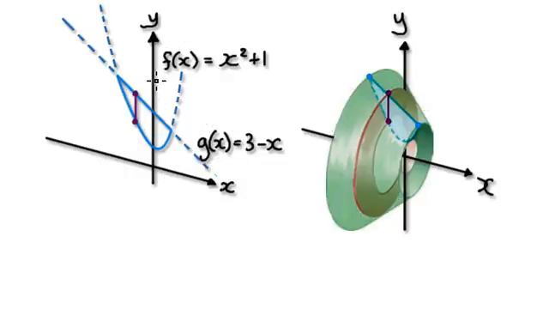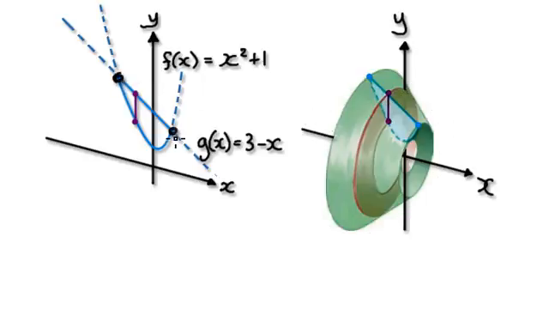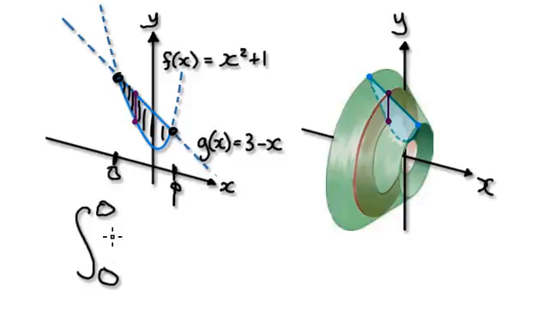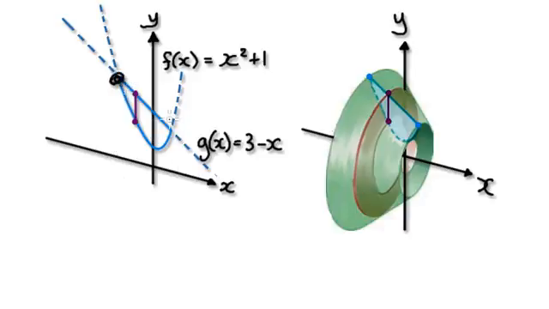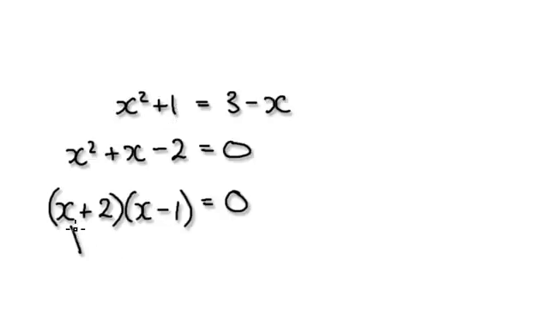Okay, so to work out the volume of this, we're going to need this point and this point, because we're going to sweep it all the way across, from whatever this point may be to whatever this point may be. That will tell you that this here must be -2 and this here must be +1.